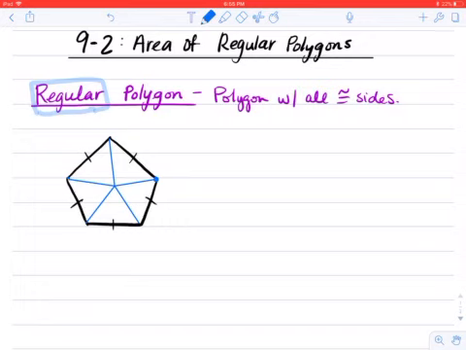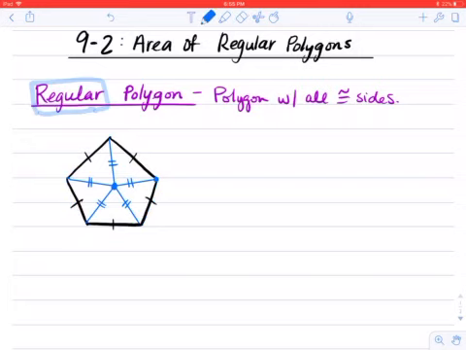Let me try that again. Okay. So pretend like they're all equal, because they should all be equal, right? Why should they all be congruent, you ask? Well, all those lines that I just drew are the same, because they represent the radius of a circle if this pentagon was inscribed in a circle like that. All of those would be radii, and they're all the same.